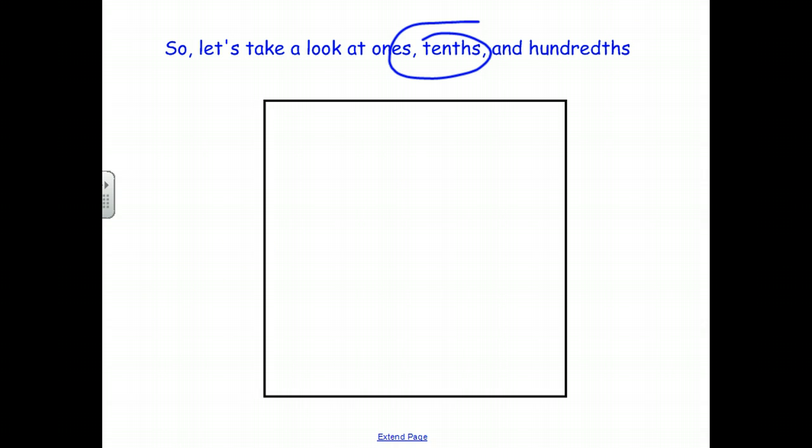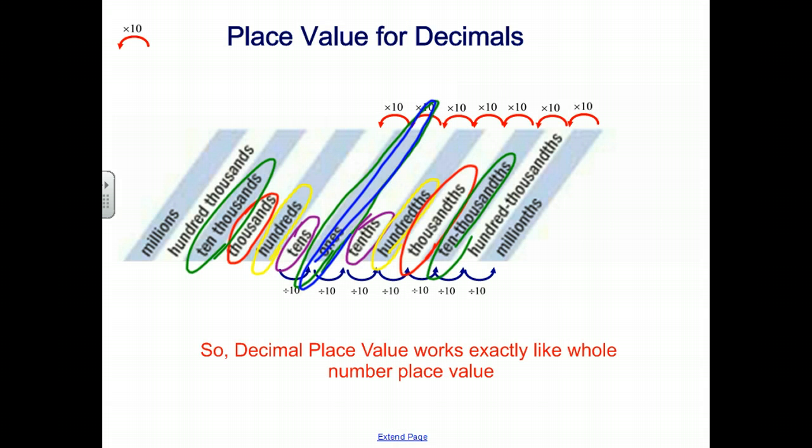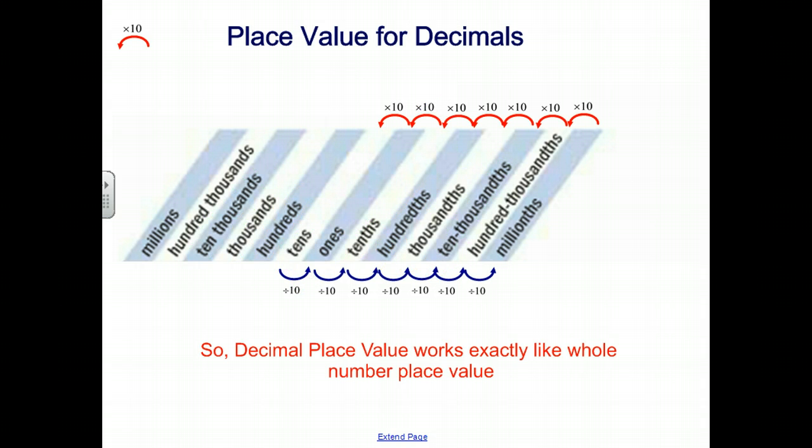And that is how we break down the place value system for decimals that are smaller than 1, using the exact same rules, and I'll get rid of all this here so you can see it, using the exact same rules as we did for whole number place values, except now referring back down to place values that are smaller than 1. Each column to the left is 10 times the value of the column to the right, and each column to the right is 1/10 the value of the column to the left.